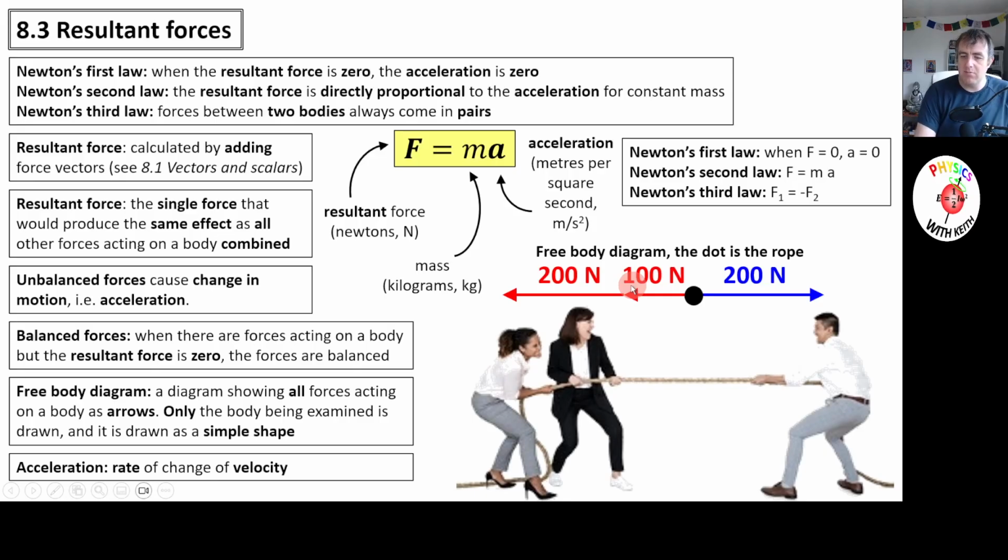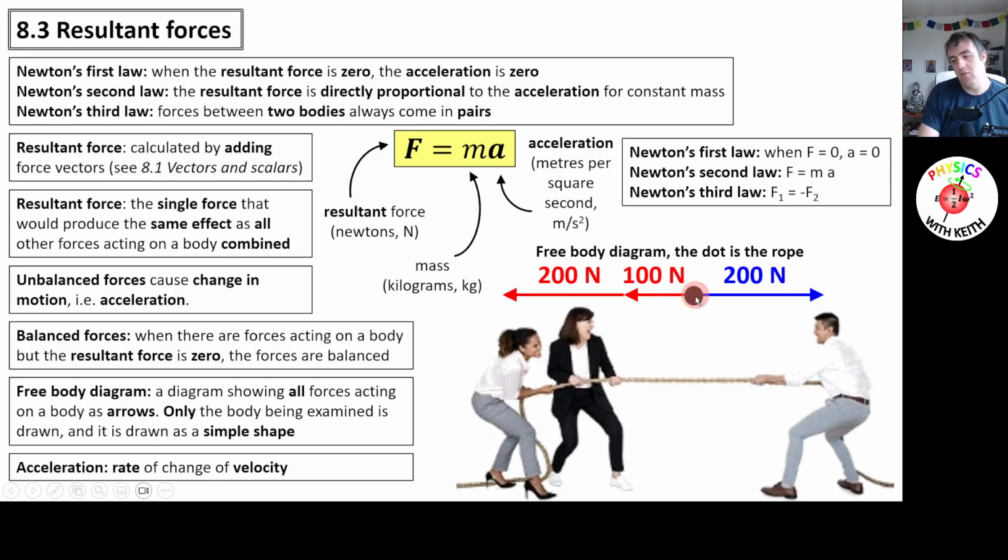If they're unbalanced, it means there's a resultant force. So what is the resultant force in this case? Well, let's say that to the right is positive, to the left is negative. So let's add these forces together. 200 plus negative 200 plus negative 100 gives us negative 100. So that's a resultant force of 100 newtons to the left. Or we could decide that left is positive and right is negative.